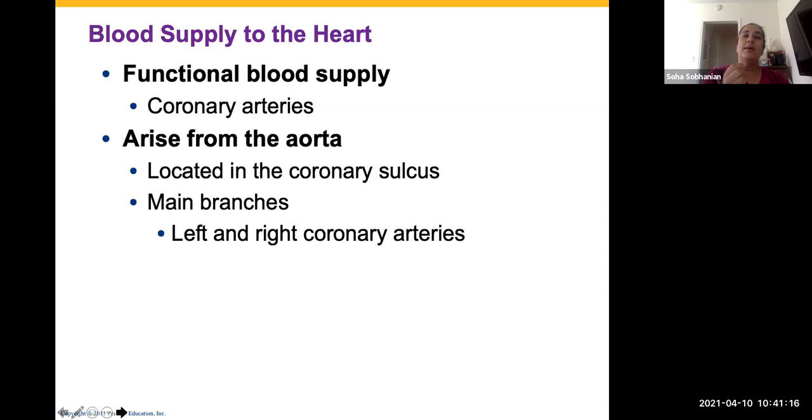And then what are the blood vessels that collect the deoxygenated blood and return it back to the heart? Which is kind of interesting because a lot of people are like, wait, the heart itself needs oxygen? So yes, the heart itself needs oxygen, and it also needs a system to collect the deoxygenated blood.